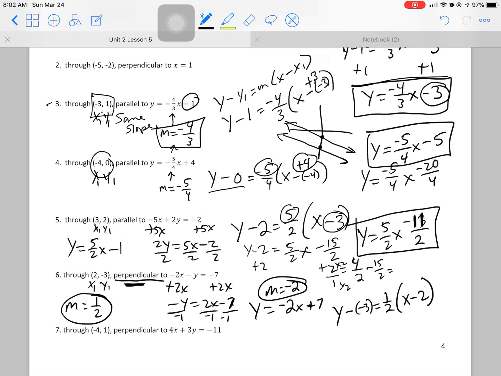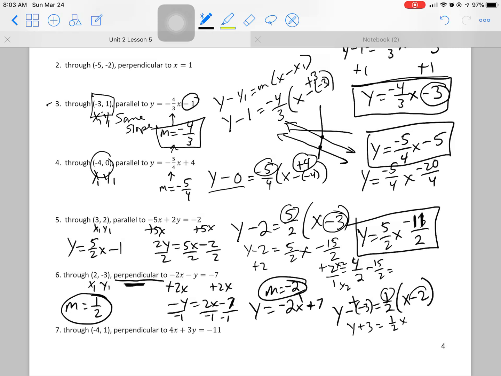Because it needs to be perpendicular, I found my slope of the line they gave me. Then I turned it around, I flipped it over, and made it the opposite sign, which is positive in this case. And then use that in the point slope with the point and crunch it through to get the slope-intercept form. So this is a plus 3. Y plus 3 equals 1/2 x.